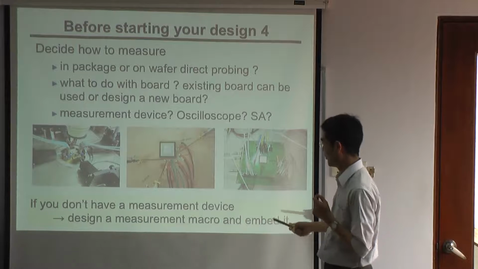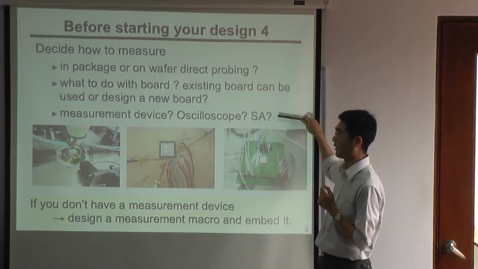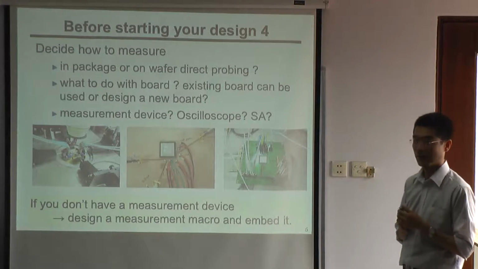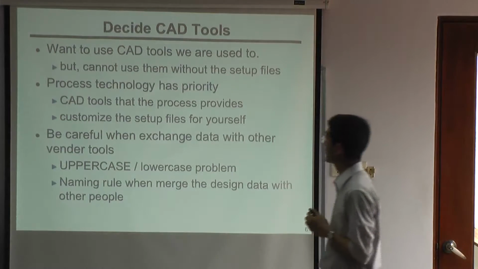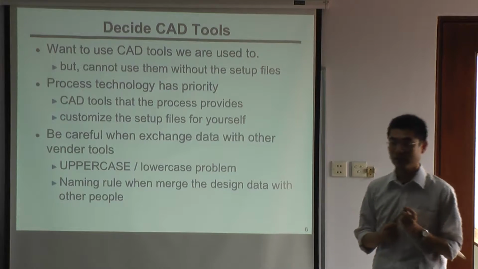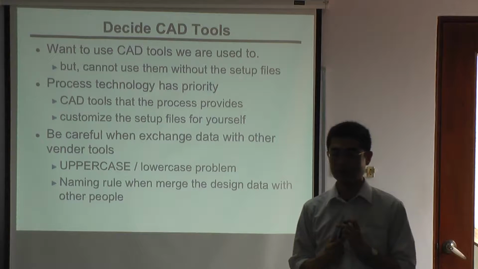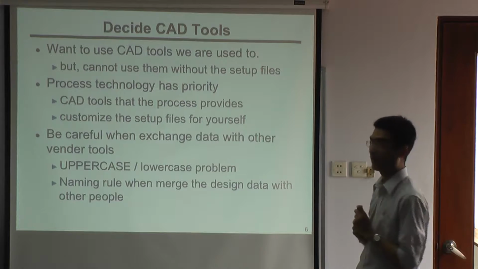So in order to design this measurement macro, you have to consider how to measure it. And then now you decide what kind of circuit you measure and how to measure after fabrication.